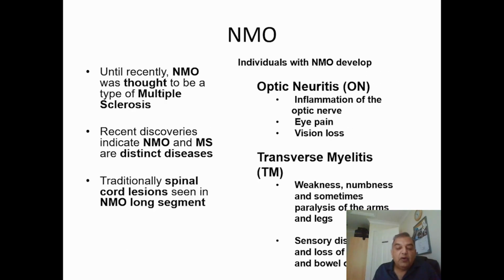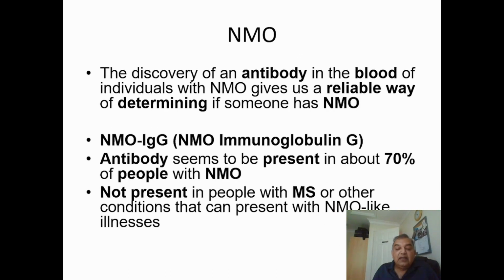Now, what is NMO? NMO is a new concept. Over the last few years we've learned more about it. It was initially thought to be an optic or spinal form of MS, but recent discoveries indicate that these are two distinct diseases. So basically, there's a long segment of the spinal cord, more than 2 or 3 segments, involved with optic neuritis, in which there's eye pain and vision loss, and they can present with a transverse myelitis with a sensory level and weakness of the legs.